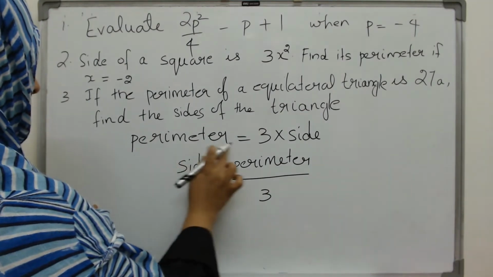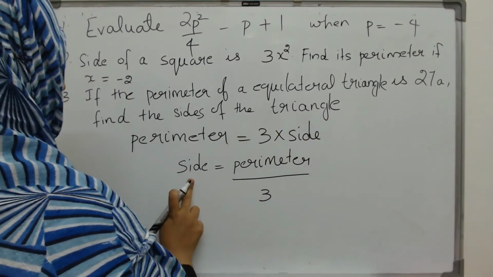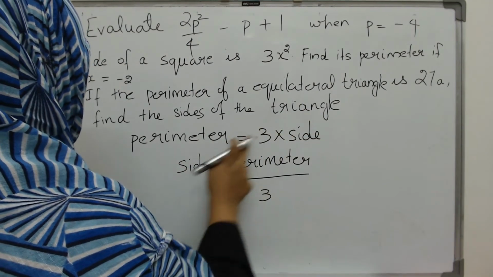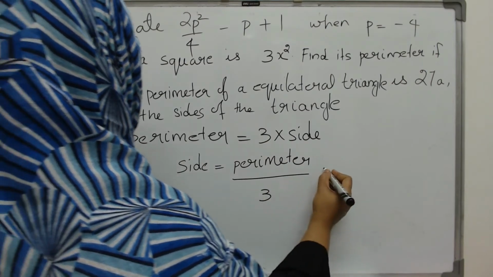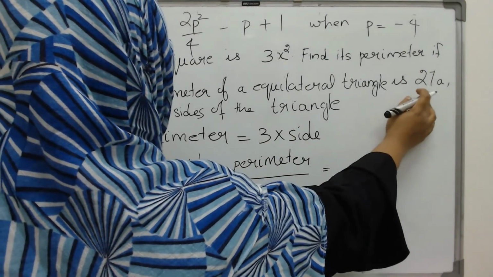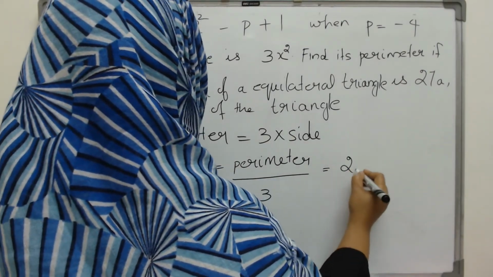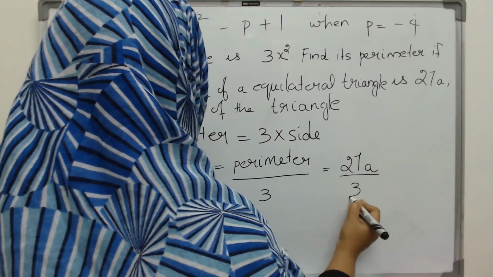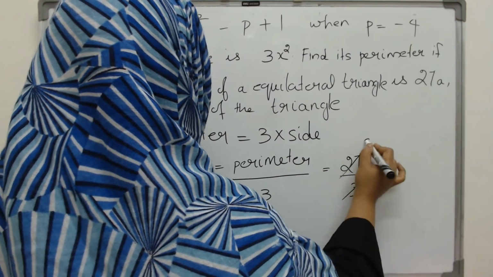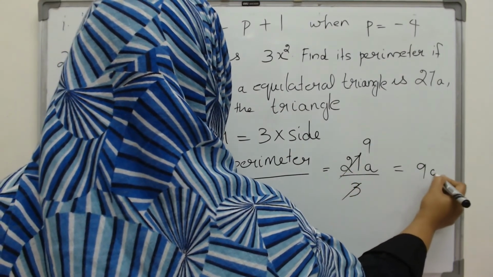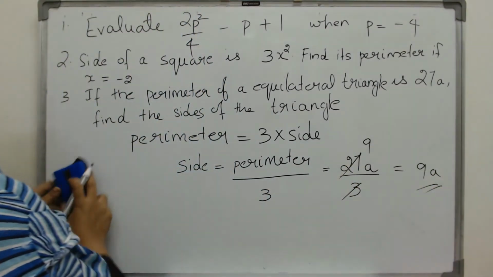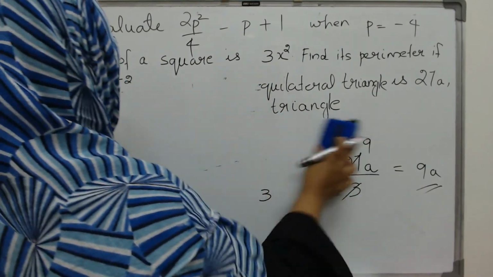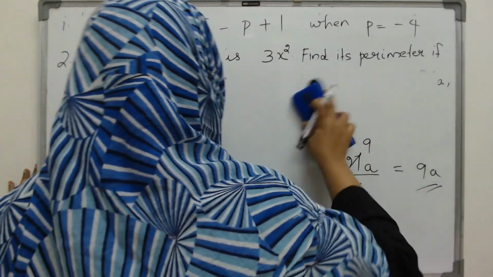If perimeter is 3 into side, then side would be, you cross multiply, this 3 comes to the denominator. But then what is the perimeter given as? It is given as 27a divided by 3. That means cancel, 9. So the side is 9a. That is the answer you need. Now we go on to the second question. It is about a square.